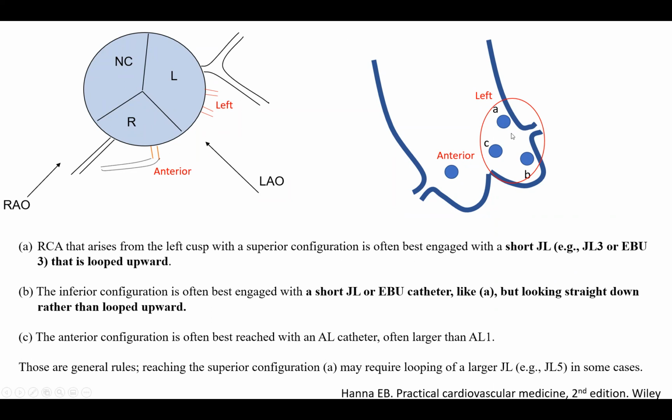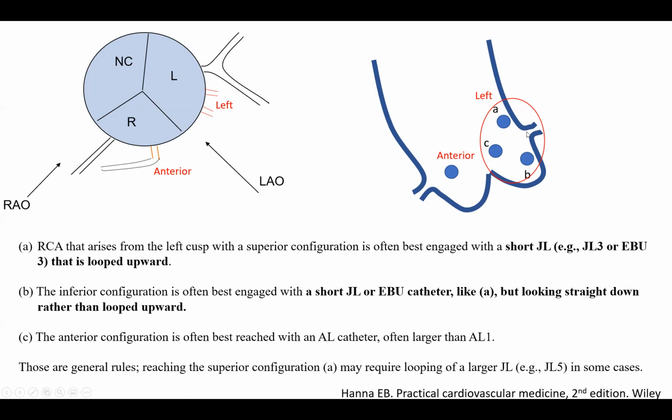I won't dive into the details. I have another talk about anomalous coronaries, but a left arising right coronary artery can have multiple origins. It could be somewhat this way, and this is usually successfully engaged with an Amplatz left. Those closer to the left coronary artery can be engaged with an Amplatz left, but if you choose a Judkins left, usually you need a Judkins left that is shorter than the Judkins left used to engage the left coronary artery.